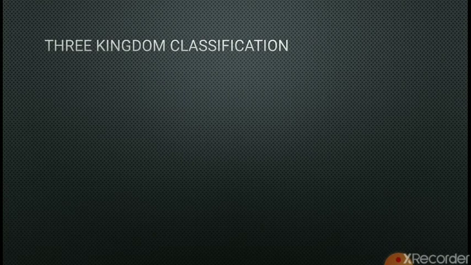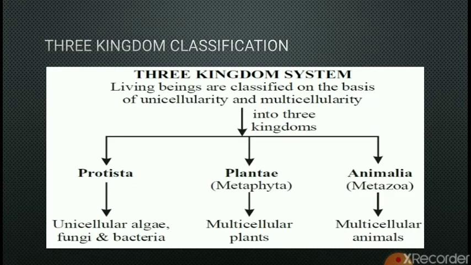After two kingdom classification, the next system is three kingdom classification, in which organisms are classified into three broad categories on the basis of unicellularity and multicellularity. These kingdoms are Protista, Plantae, and Animalia.